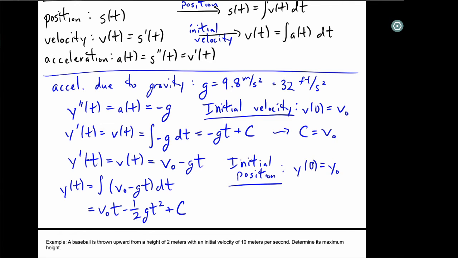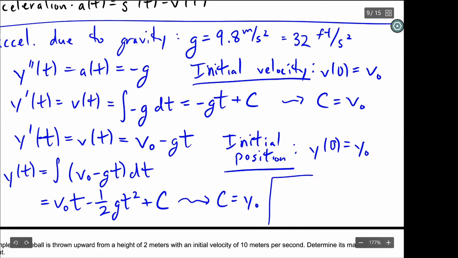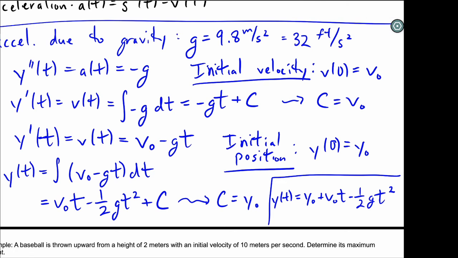And c has to be y naught. So my final model, y of t, is y naught plus v naught t minus 1/2 g t squared.